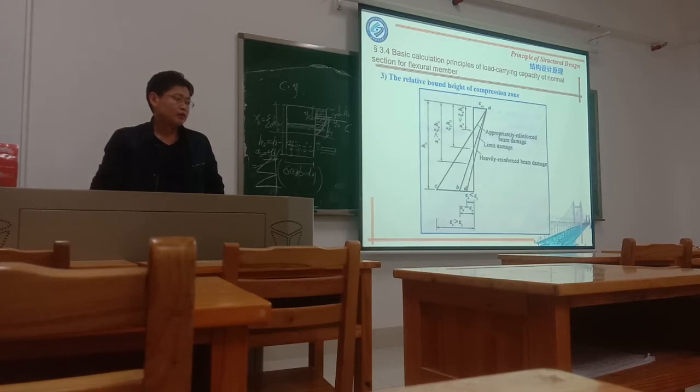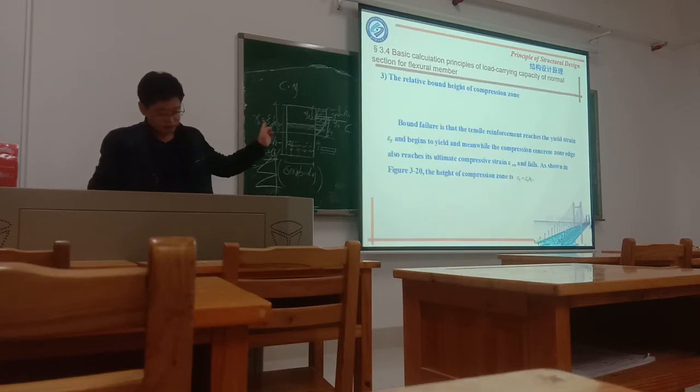For the boundary reinforcement B, we just reduce this. So this boundary failure is in the tension.